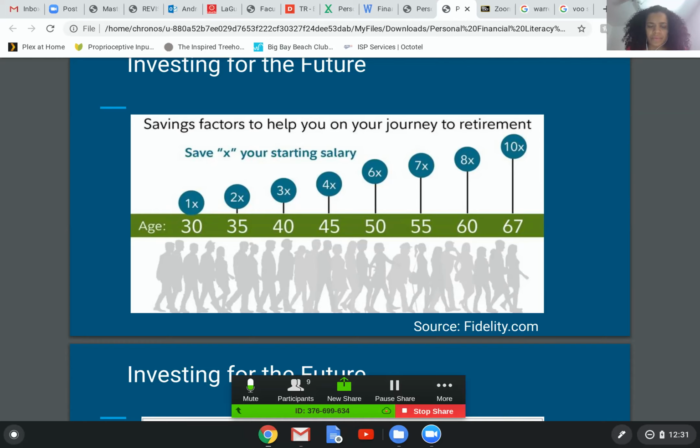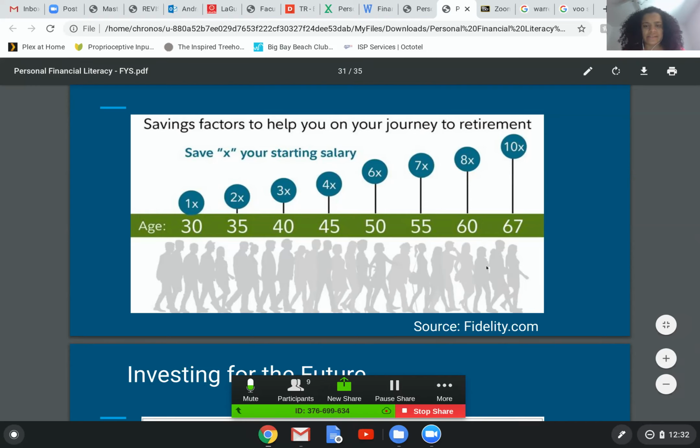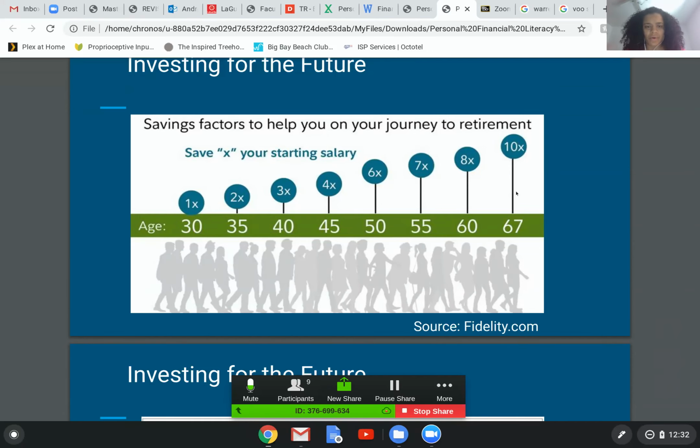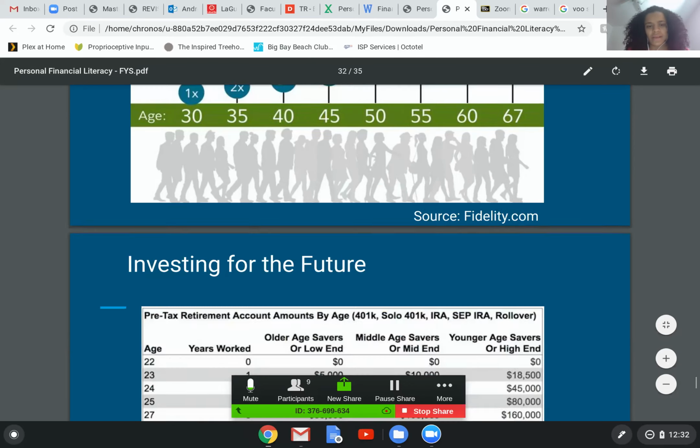Because remember, pandemic notwithstanding right now, but in general, most people's expected life after they retire at 65 or 67 is still a fair number of years. By 67, you should have 10 times your salary.